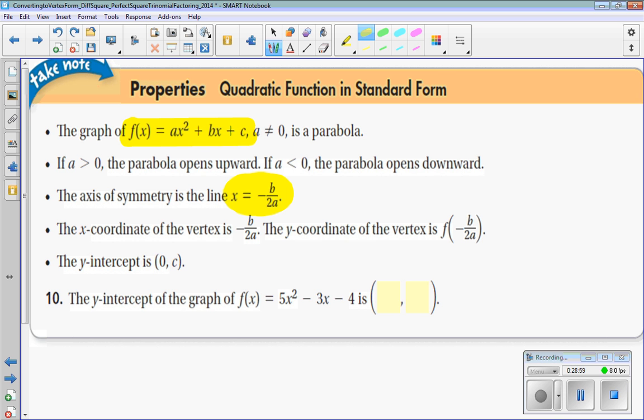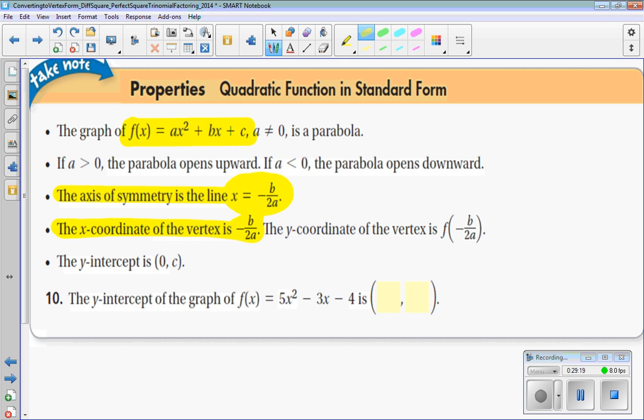Negative b all over 2a. Okay? So that's one formula that we need. You're going to write the axis of symmetry, and the x-coordinate of the vertex is the same formula.